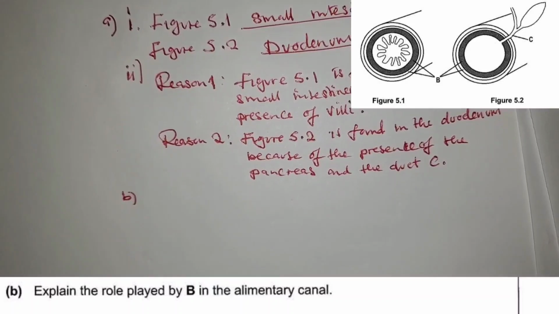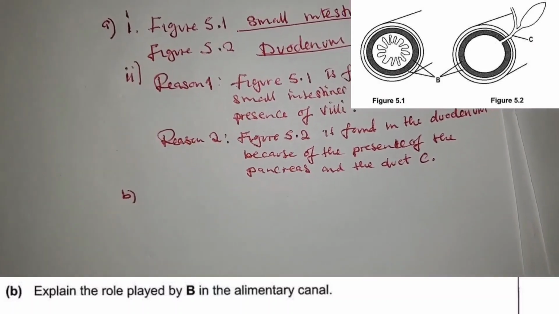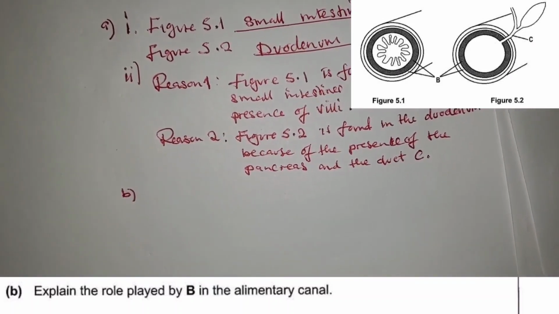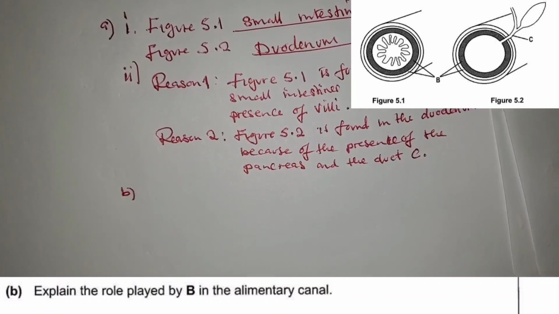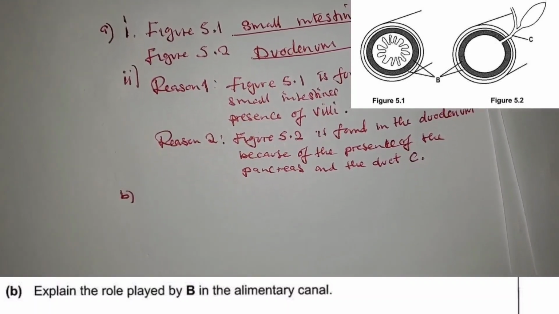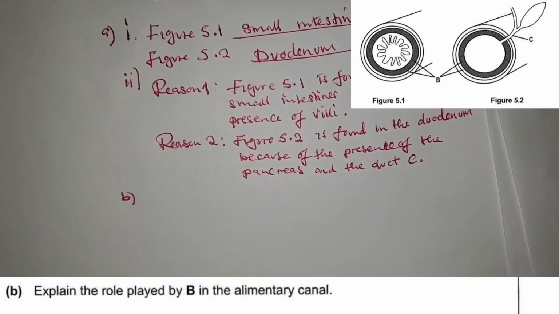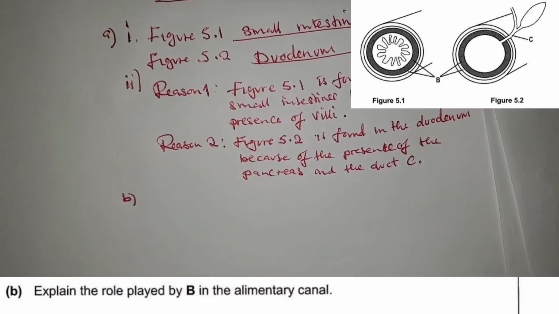Look at question B very carefully. They're saying, explain the role played by B in the alimentary canal. Look at B, those inner lining.